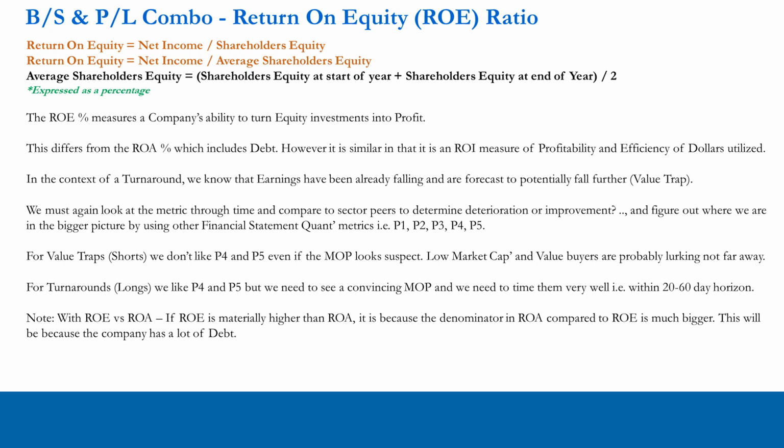Now, a return on equity percentage measures a company's ability to turn equity investments into a profit. And this differs from the ROA, the return on assets ratio percentage, because that includes debt.